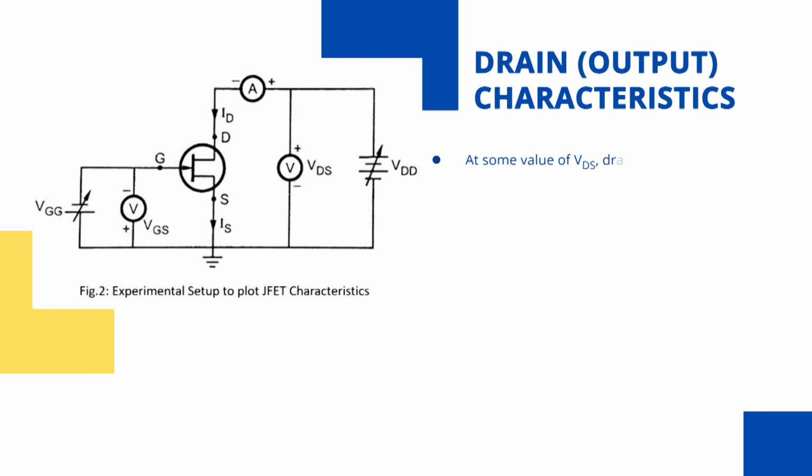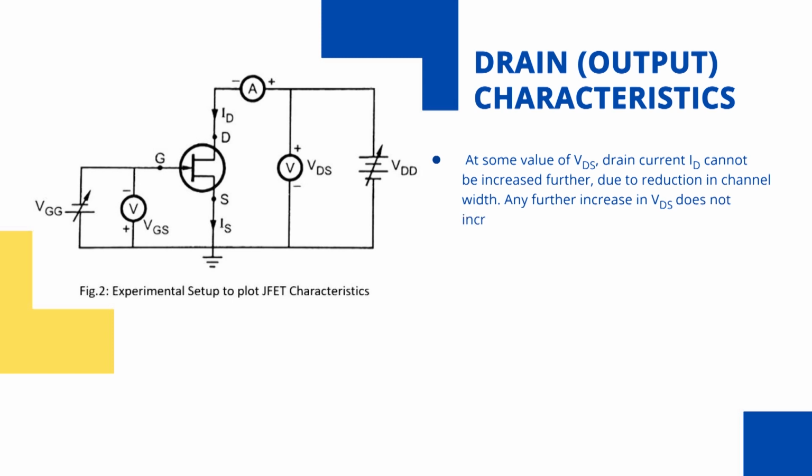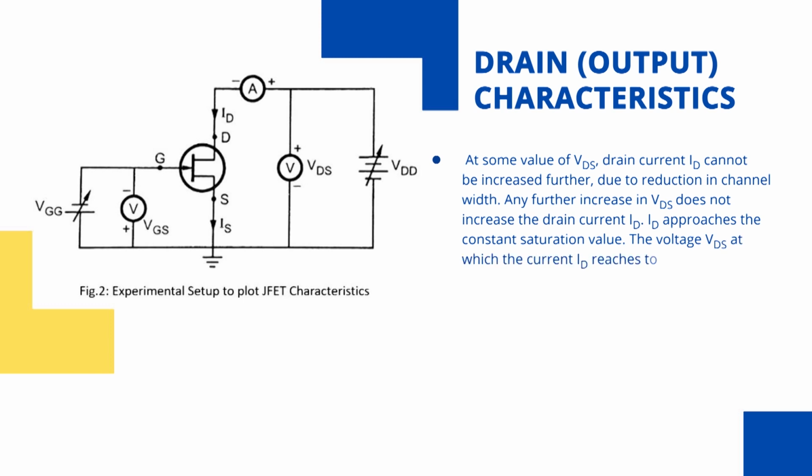At some value of VDS, the drain current ID cannot increase further due to the reduction in channel width. Any further increase in the drain voltage does not increase the drain current ID. ID approaches a constant saturation value.